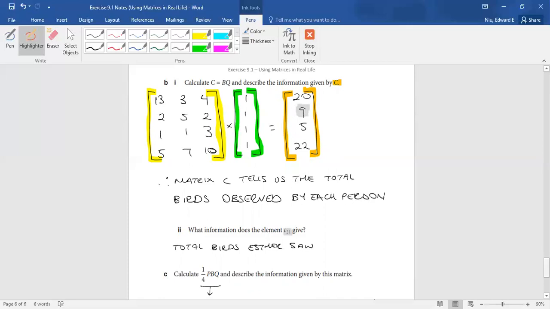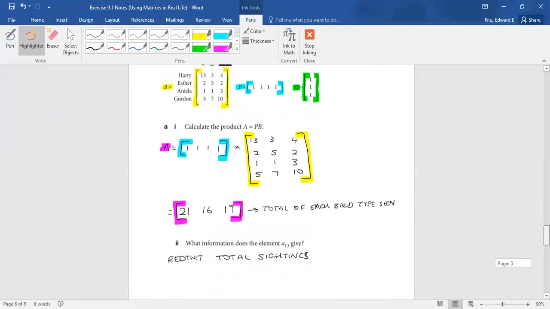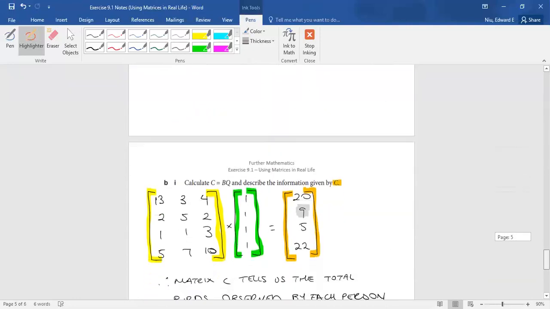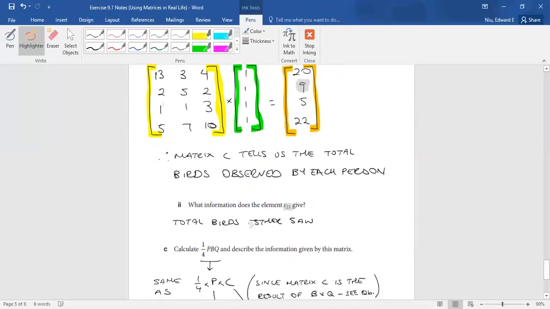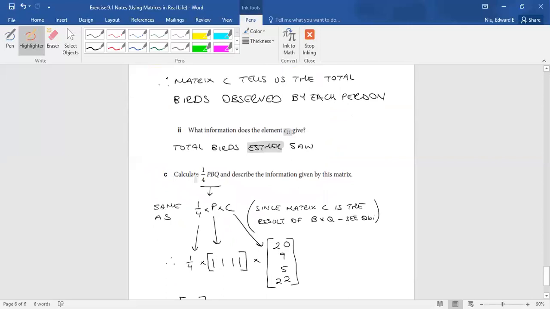Okay, we have to go back to our table and see which person was in the second row. And the person in the second row was Essa. Oh, what a challenging name to say, Essa. Okay, so that's how we got Essa from the table.